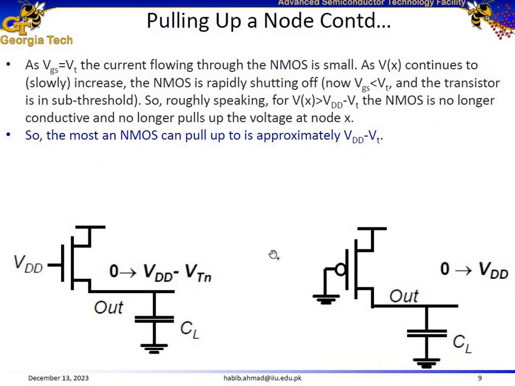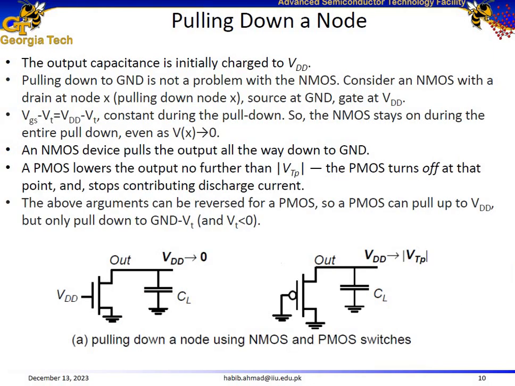Also, NMOS transistors, if they are used in the pull down network, produce strong zeros, and would help us pull the output all the way down to 0 volts. So that's why we say that PMOS transistors produce strong ones, and NMOS transistors produce strong zeros.